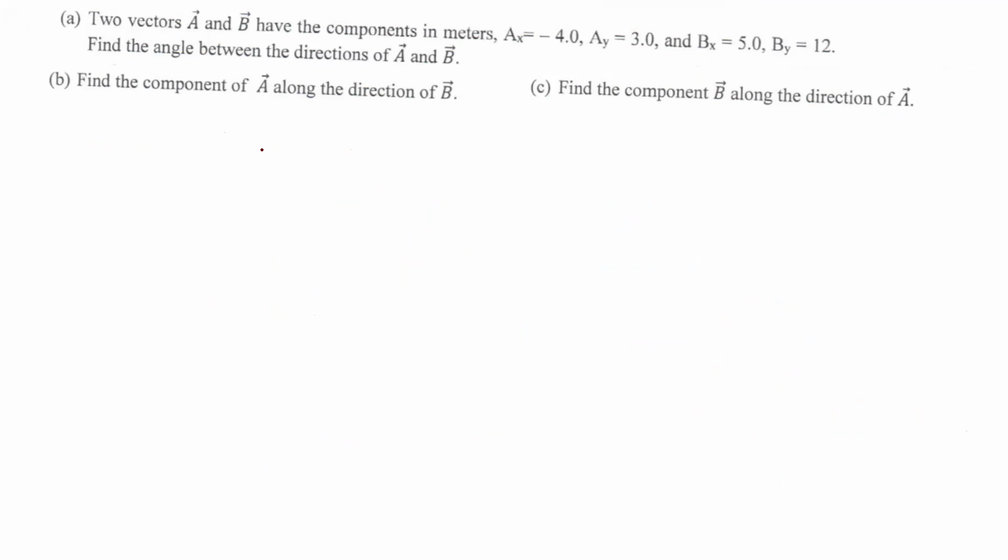Basically here I'm saying that A is equal to minus 4 I hat plus 3 j hat. Okay. And B vector is equal to 5 I hat plus 12 j hat.